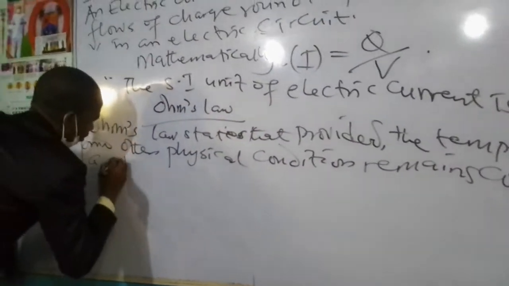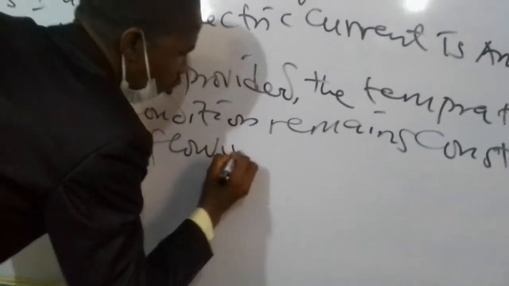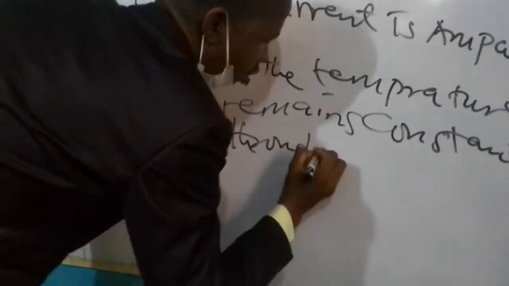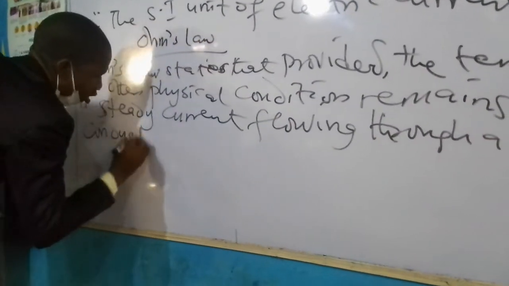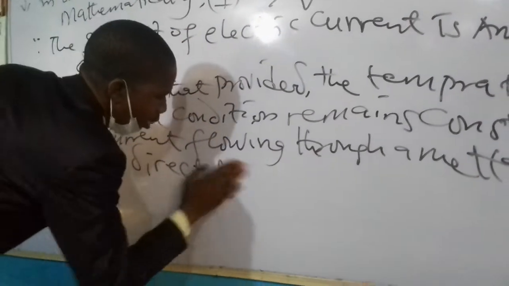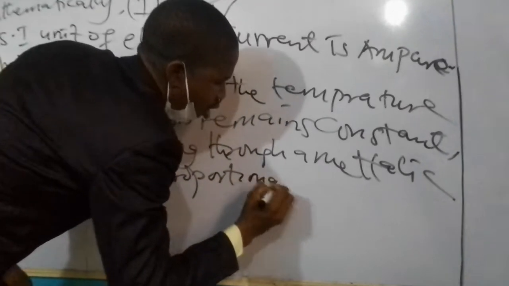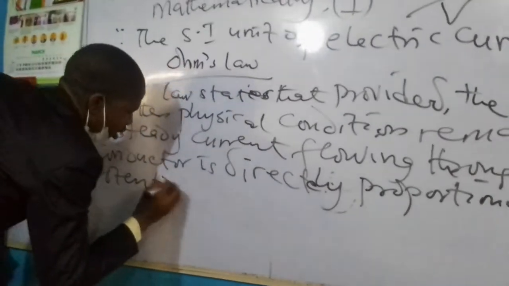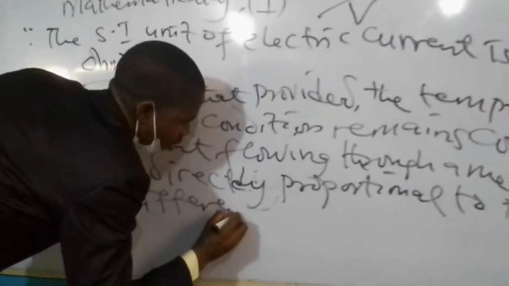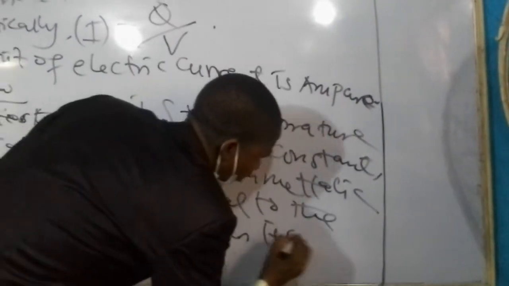a steady current flowing through a metallic conductor is directly proportional to the potential difference V between its ends.